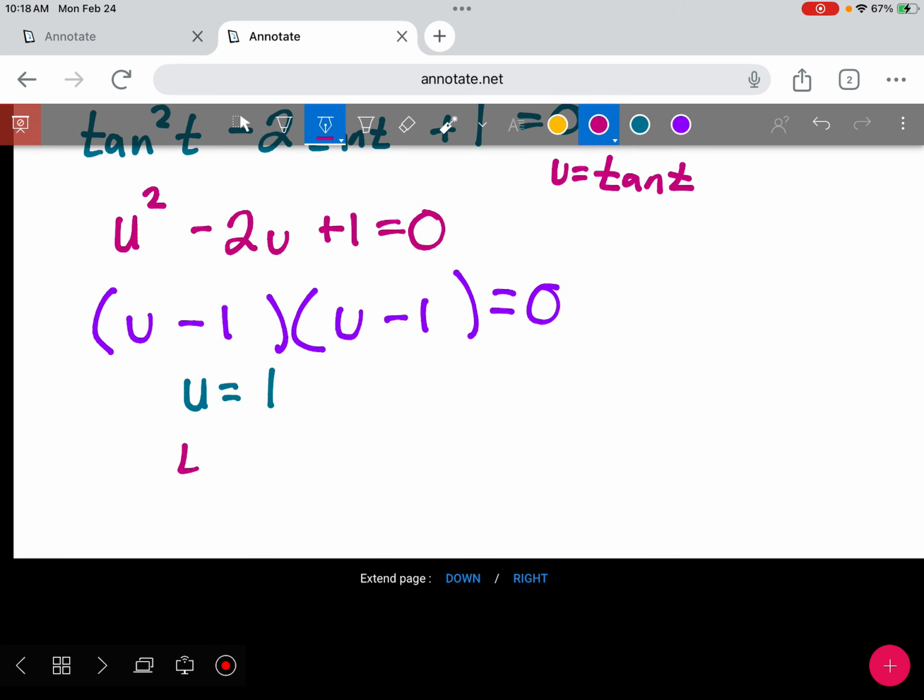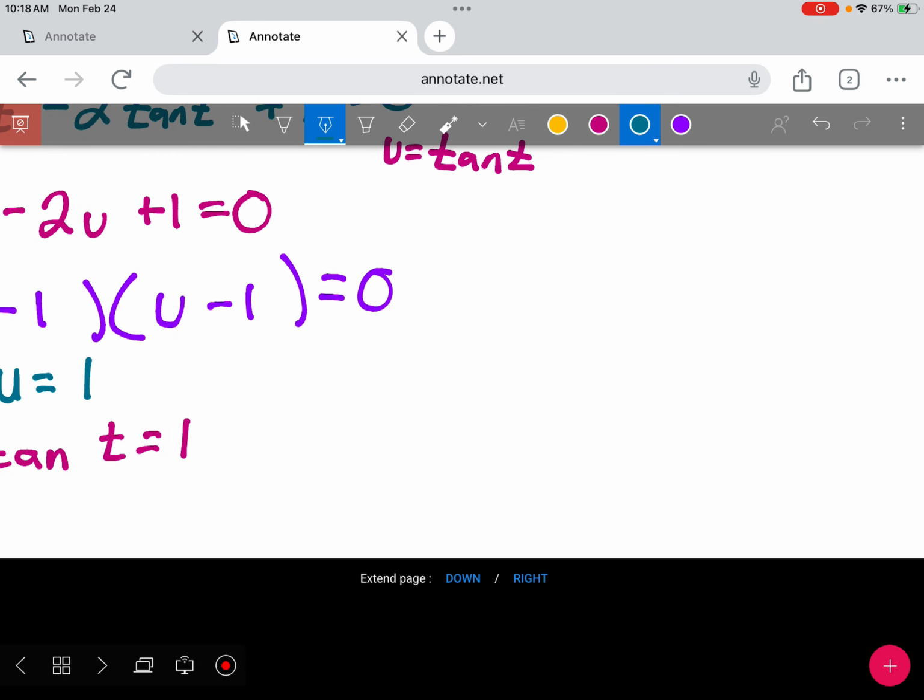So when does tangent of t equal 1? Mm-hmm. So our t would need to be pi over 4. If I was writing it for all possible solutions, it would be plus pi n because we're in tangent.